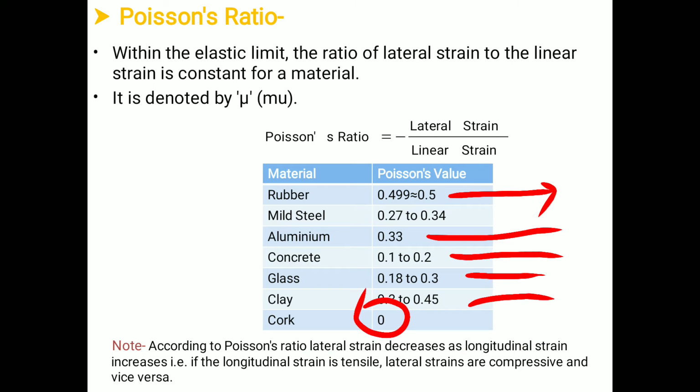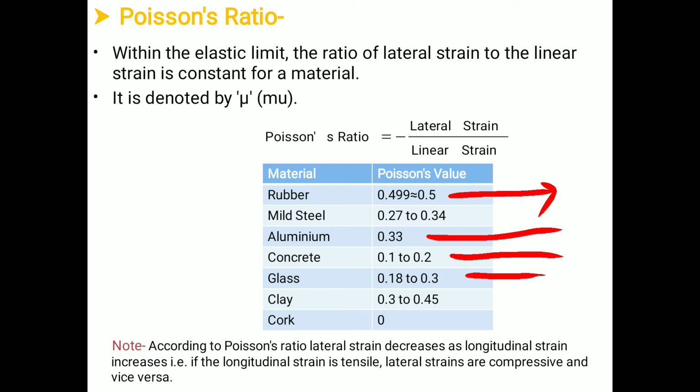As discussed in the previous concept, if we consider a bar which is subjected to a tensile force, due to that tensile force the length of that bar will go on increasing. At the same time, its lateral dimension will go on decreasing. Therefore, we have the minus sign.